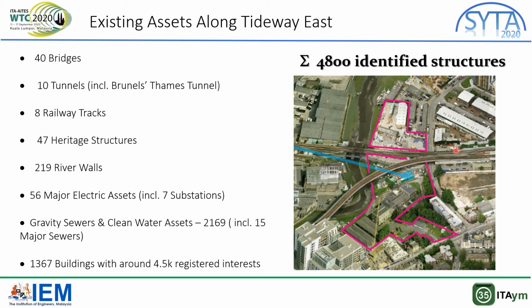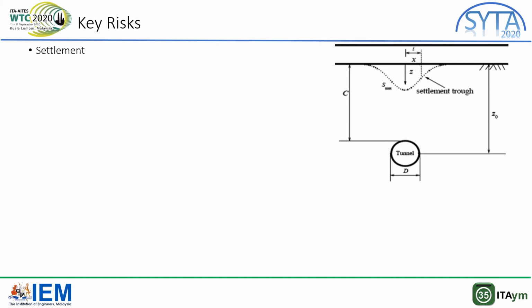There are 2 active rail lines there as well, so that's DLR, that's a Network Rail bridge, and sandwiched between them is a substation. We've also got these river walls, which are also heritage structures, acting as the flood defense. So it is a constrained site, and this is getting more and more common because there is no spare space available over ground. So what are the key risks?